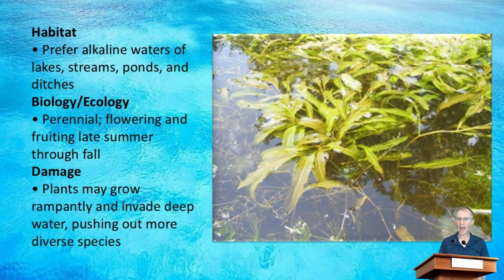Habitat: prefers alkaline waters of lakes, streams, ponds, and ditches. Biology and ecology. Perennial. Flowering and fruiting late summer through fall. Damage: plants may grow rampantly and invade deep water, pushing out more diverse species.